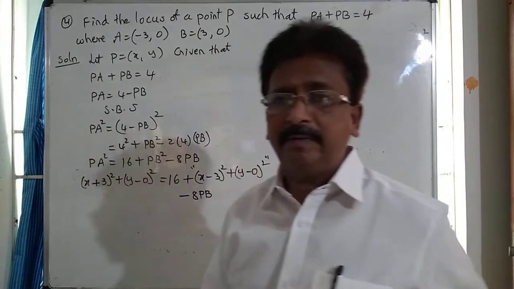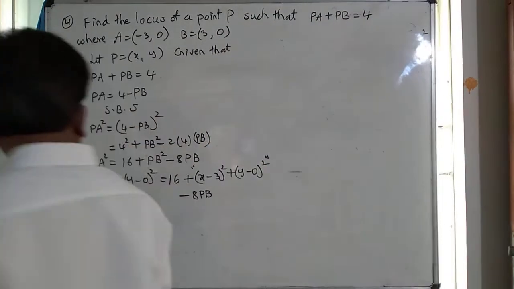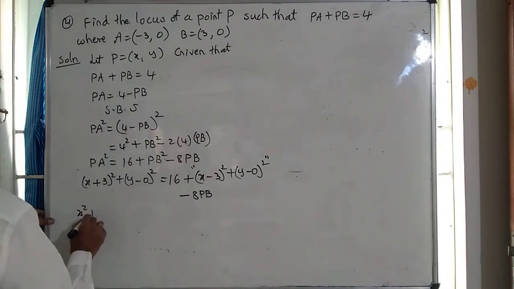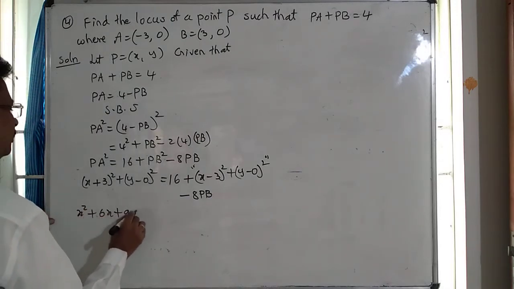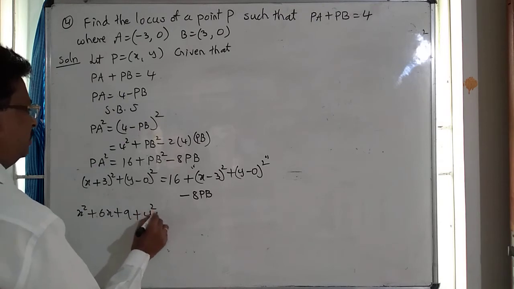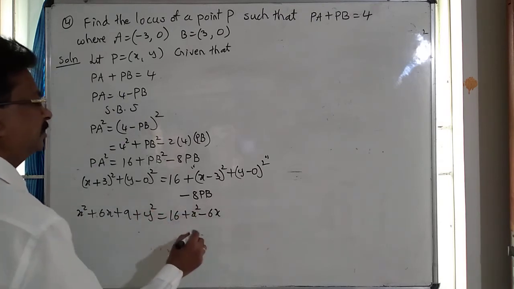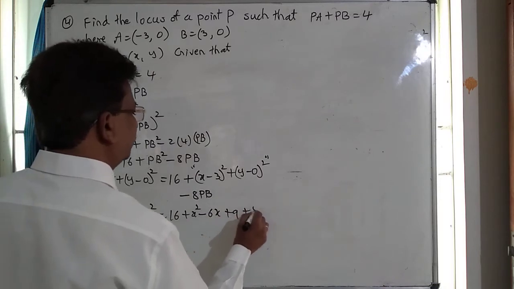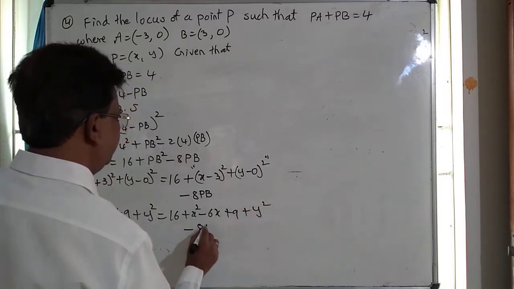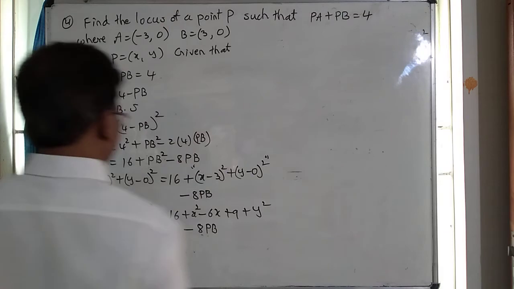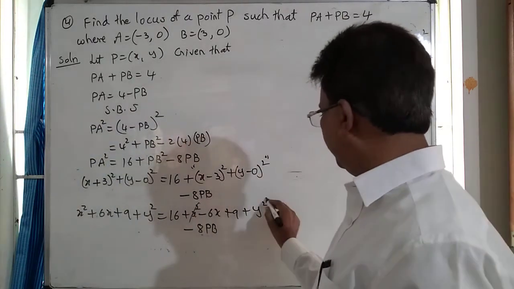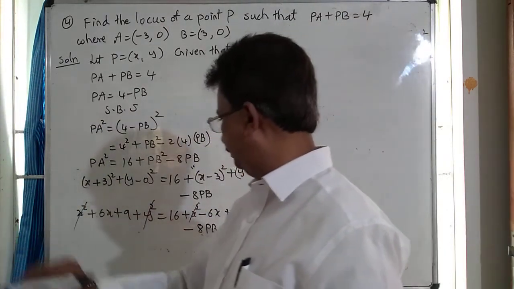x plus 3 whole square according to the (a plus b) whole square: x square plus 6x plus 9 plus y square is equal to 16 plus x square minus 6x plus 9 plus y square minus 8PB. Now x square and y square both may be cancelled here.